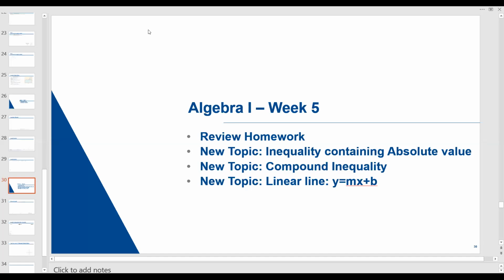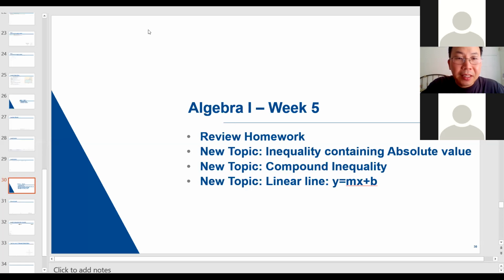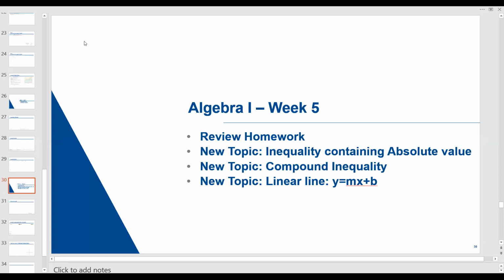Has everyone come back already? So I begin the second part. The rest of the homework section is actually compound inequality. I gave you this homework, but actually I didn't teach this part. Maybe most of you have learned it, but it's okay, just let you try.